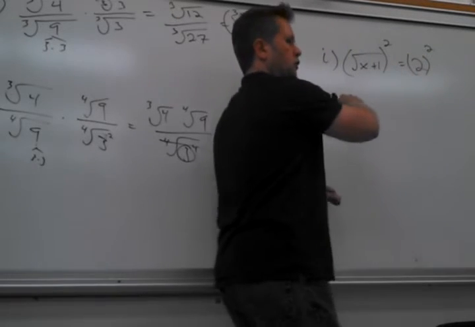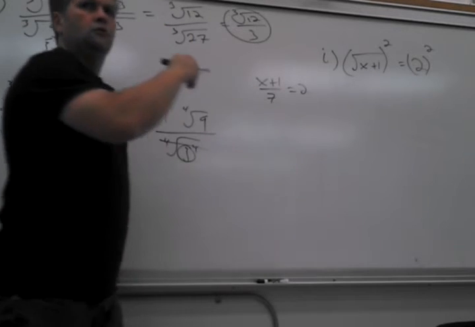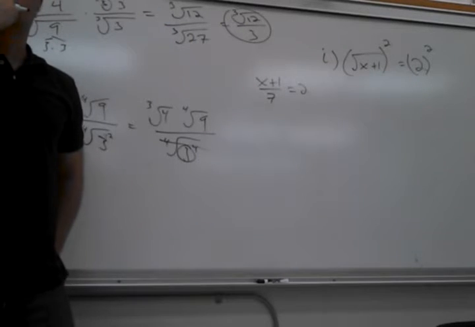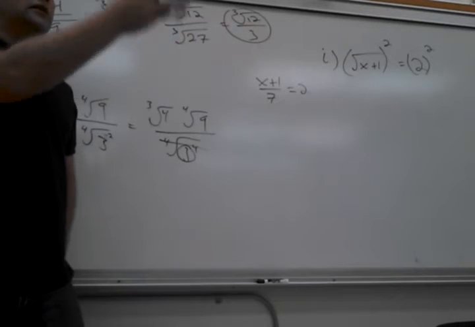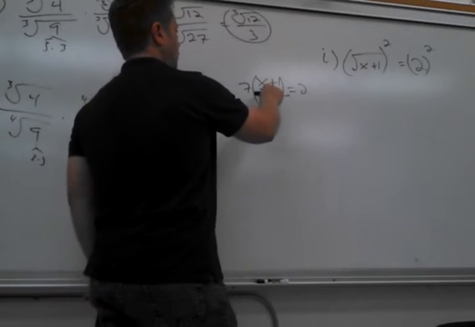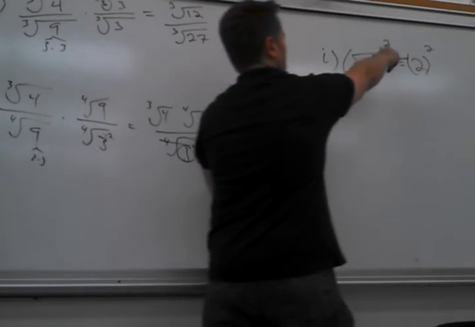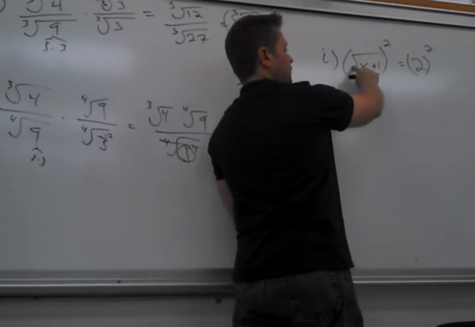Because it's the opposite of what's going on. So watch this. If I had x plus 1 over 7 equals 2, what would you do first? Kill the thing that's got my x stuck. My x is stuck on top of the 7. Let me kill the 7 by multiplying. Why did I multiply? Because it's the opposite of divide. So why did I square? Because it's the opposite of square root.